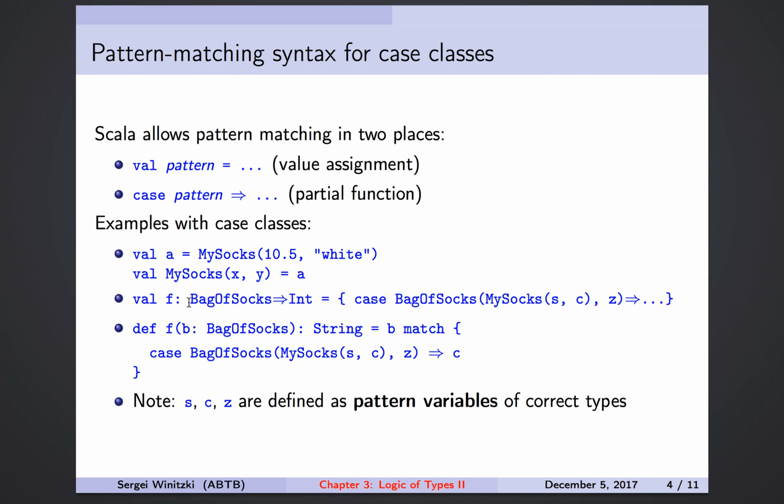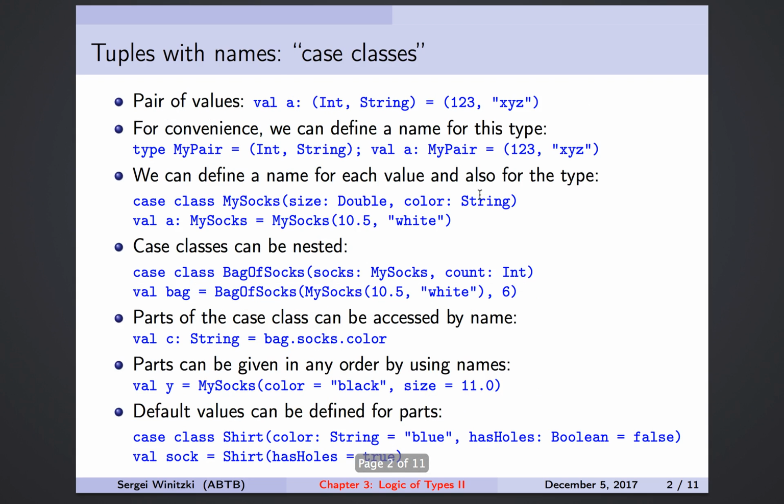And the second example is a partial function. Suppose we define this function f, which goes from bag of socks to integer, and computes, it doesn't matter what. Total price we cannot compute because I didn't have any prices in my data, but if I had them, then I could compute something.